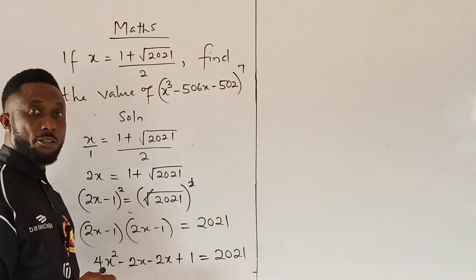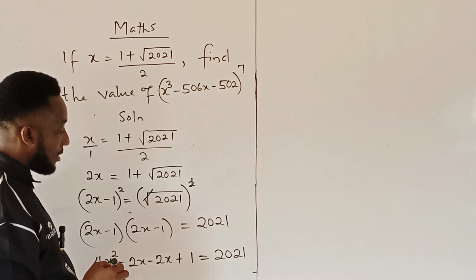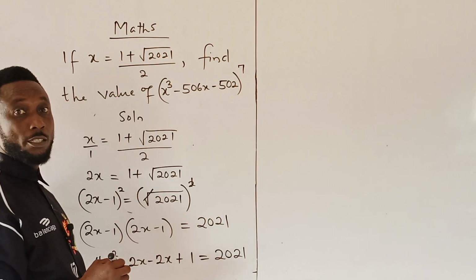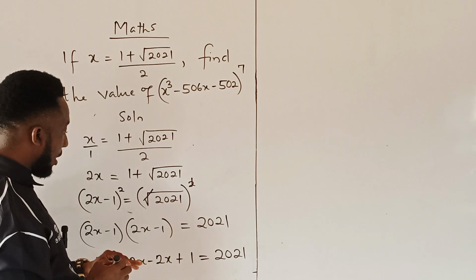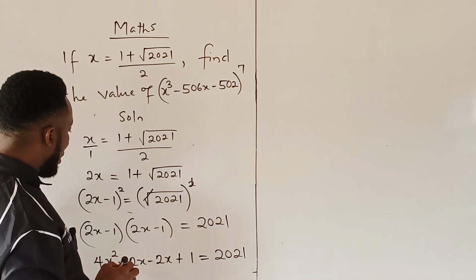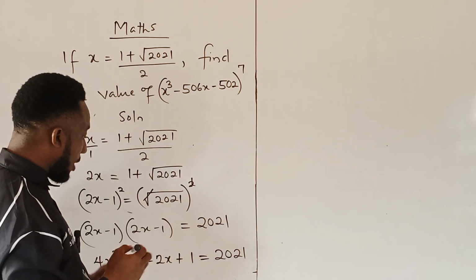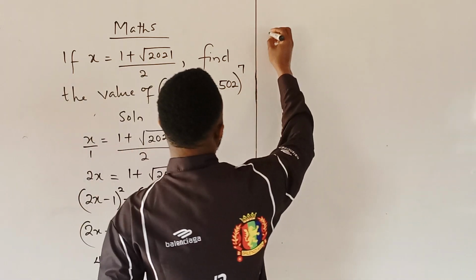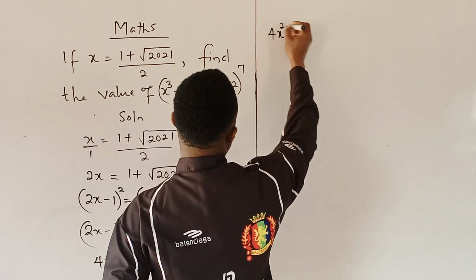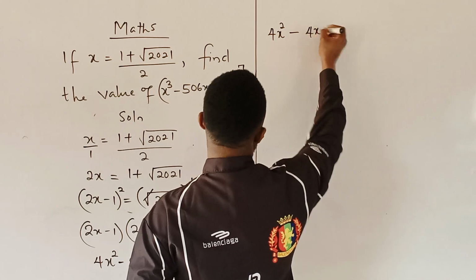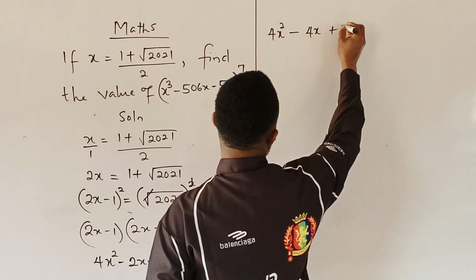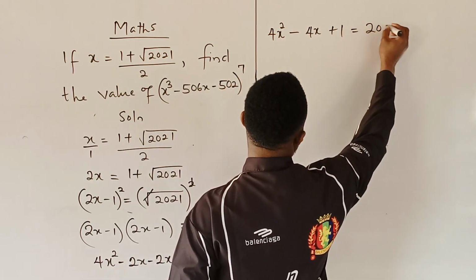So you can see that we have refined the radical expression and we are getting something very neat. Negative 2s and negative 2s, if we add them, give us negative 4s. I'll write 4s squared minus 4s plus 1 equals 2021.